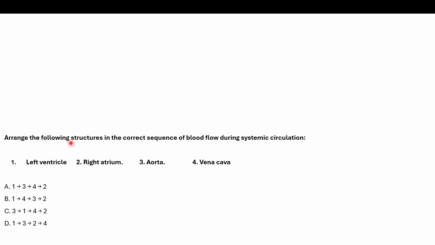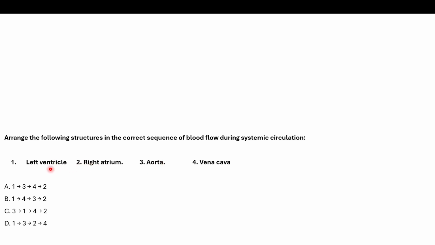Now we have to arrange the following structures in the correct sequence of blood flow during systemic circulation, that is, from the heart to the rest of the body. That means we have left ventricle, right atrium, aorta, vena cava.